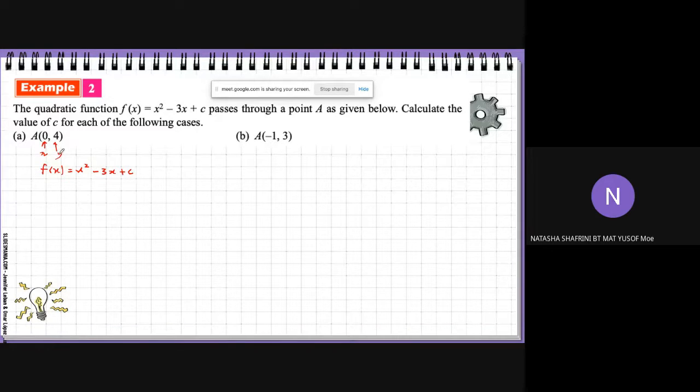So y here also, this is 4 is fx. So kita ganti je, substitute, this is 4, here x square is 0 square, x tu adalah 0, minus 3 times 0 plus c. So what is the value of c?